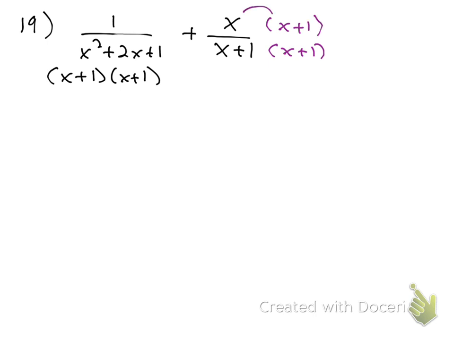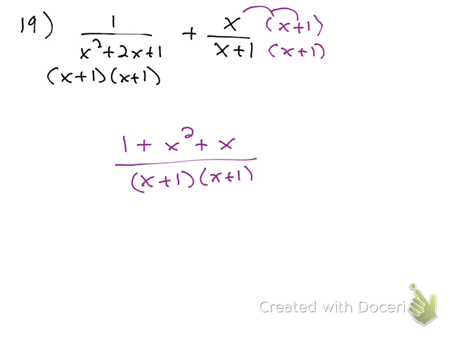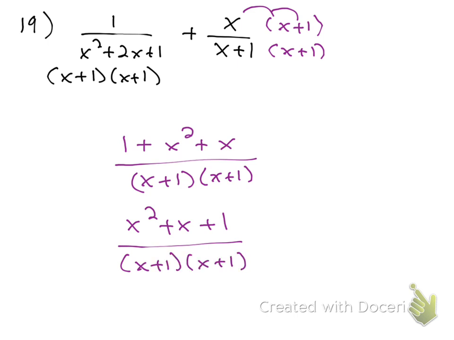And we distribute there. And that'll give me 1 plus x squared plus x over x plus 1 times x plus 1. So that numerator would be x squared plus x plus 1 over x plus 1 times x plus 1.